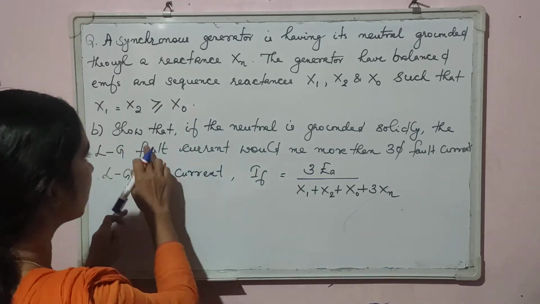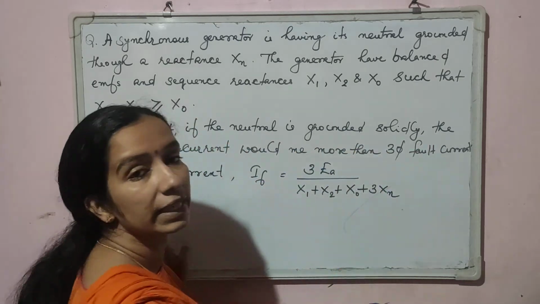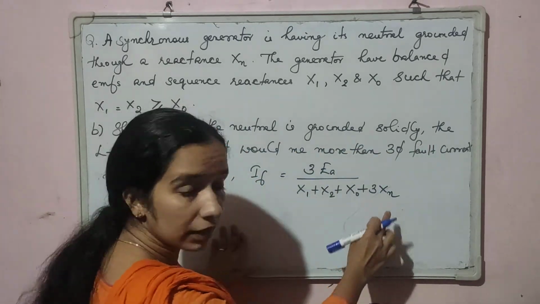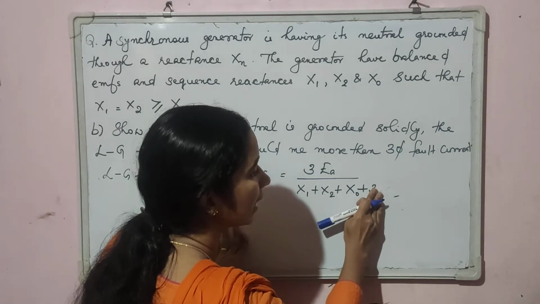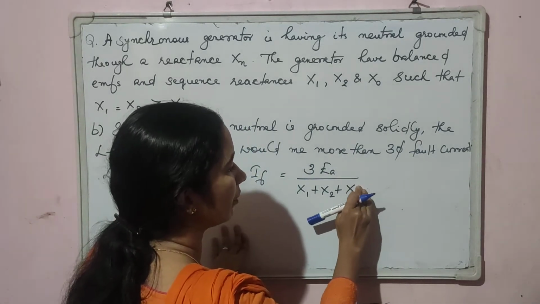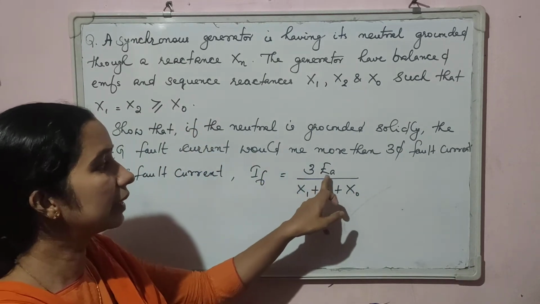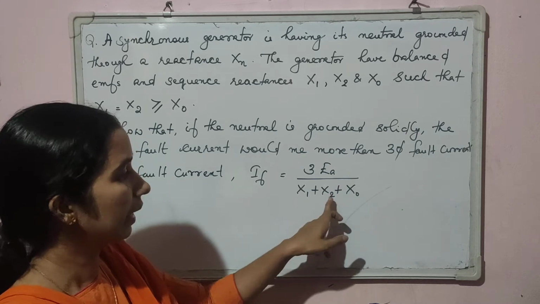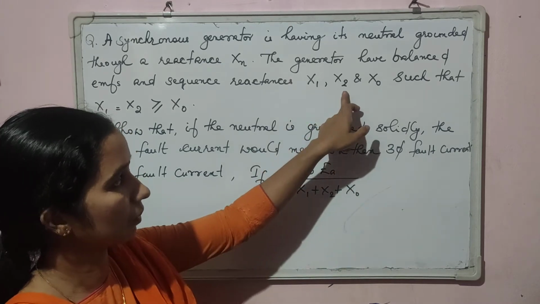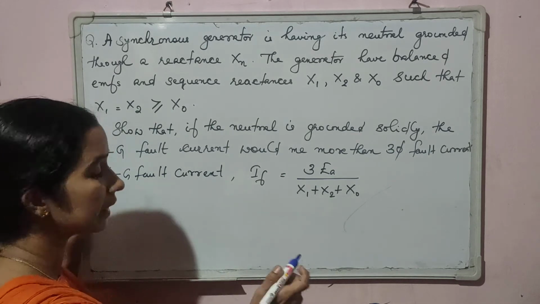But here it is given that the neutral is grounded solidly, that means Xn is 0, no reactance is there between the neutral point and the ground. So Xn will be 0, and the LG fault current in that condition will be 3 times EA divided by X1 plus X2 plus X0.